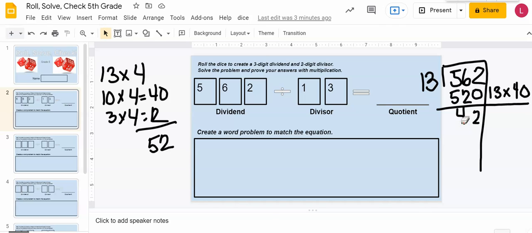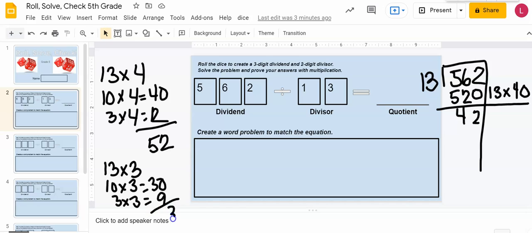So now I have 42. Well, I know that 13 times 4 was 52, and that's too much, so I wonder what 13 times 3 would be. Well, 10 times 3 is 30, and 3 times 3 is 9.